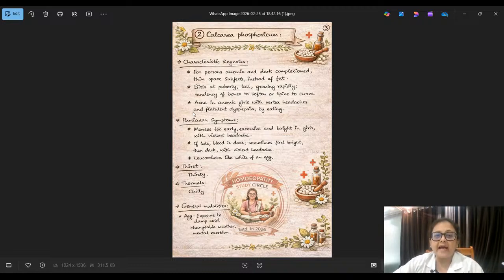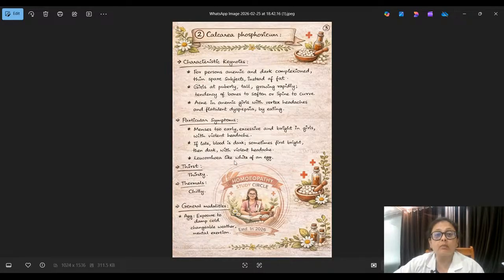Okay, next, acne and anemia, anemic girls with vertex headache. See, each word has a very definite meaning. All the textbooks of Materia Medica were not written just out of imagination. All the stalwarts practiced and penned down these symptoms out of their experience.